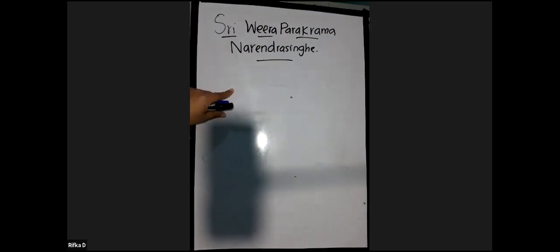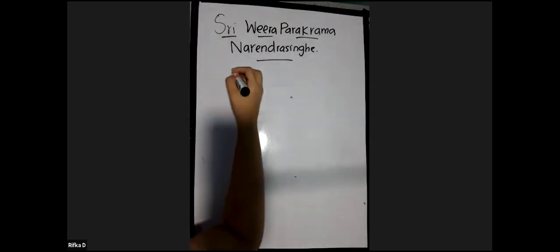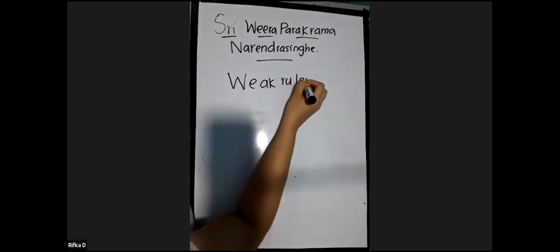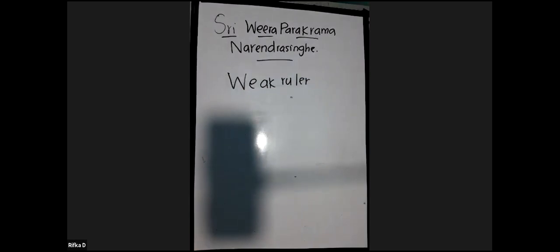Shri Veera Parakrama Narendra Singha, who acceded to the throne of the Kandyan kingdom, was a weak ruler, right? He was a weak ruler.